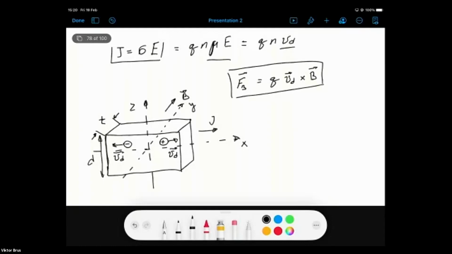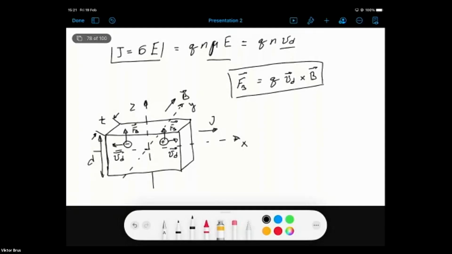Now if we use the left palm rule, we can show that the magnetic force acting on the positive charges will be aligned upwards along axis Z. And what is interesting, there will be the same direction of magnetic force acting on negative charges, because we need to consider the opposite direction of the velocity vector for negative charges, and that's why the magnetic force will be acting in the same direction, upwards along axis Z.